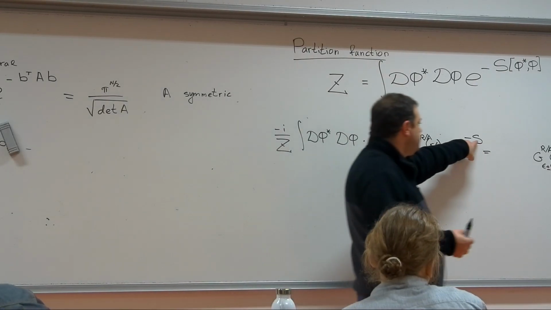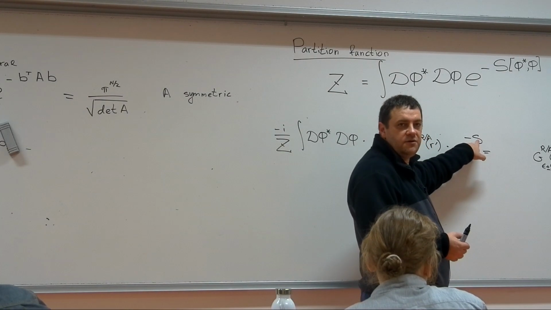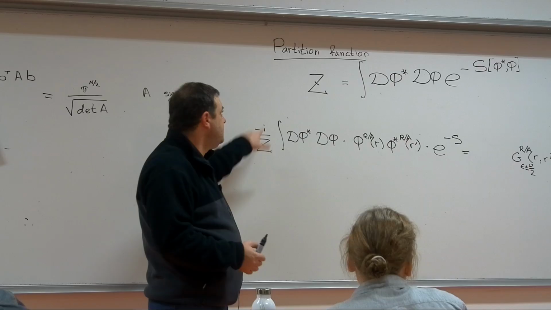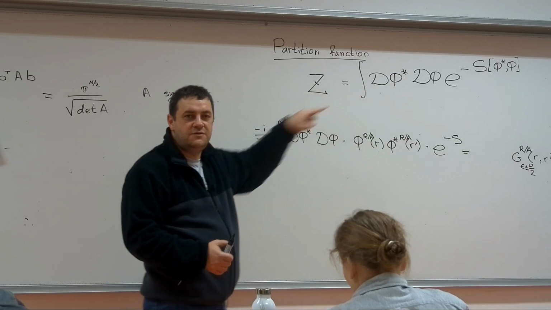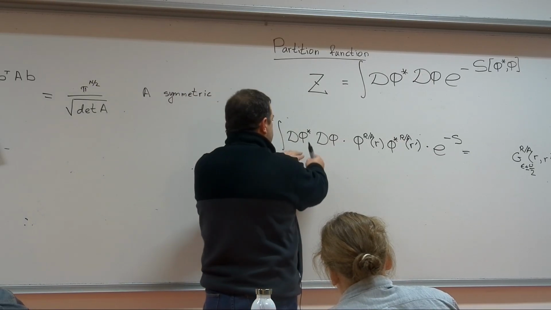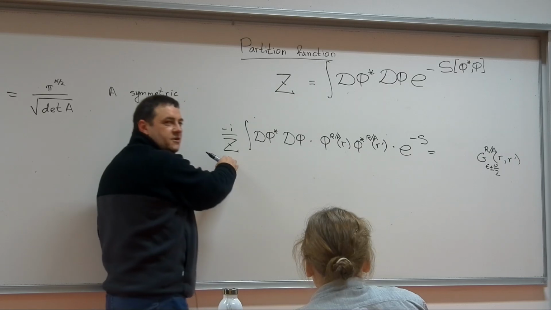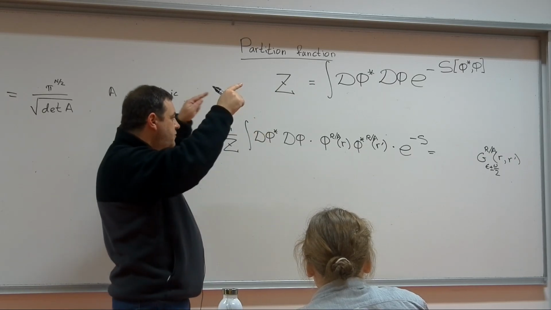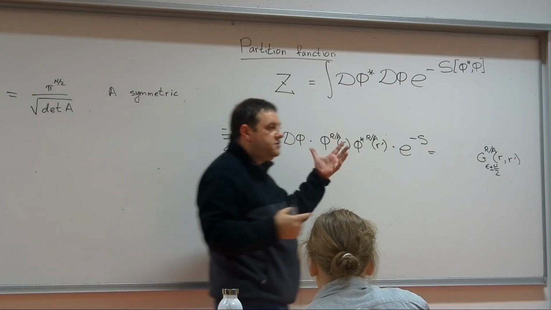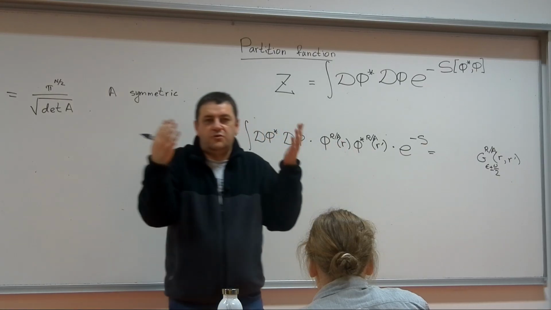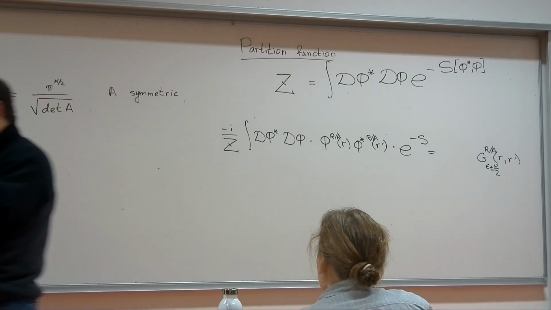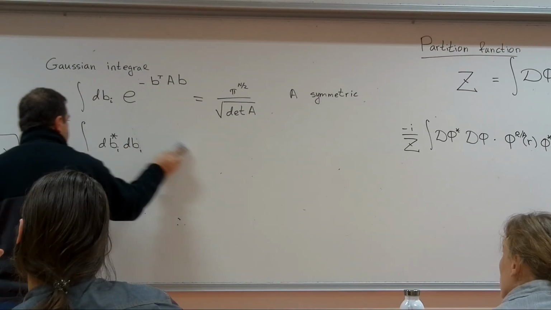We have V buried somewhere inside this action here. But also we have V buried somewhere inside the Z, because Z itself was the integral with the same action. So it's like a fraction. This is a numerator, this is a denominator. Z is the denominator, and we would like to average over all possible realizations of V, but we don't know how to average a fraction when V enters both the numerator and the denominator.